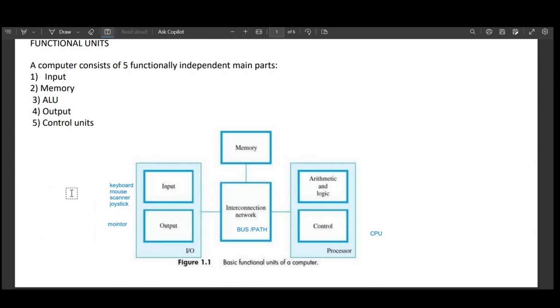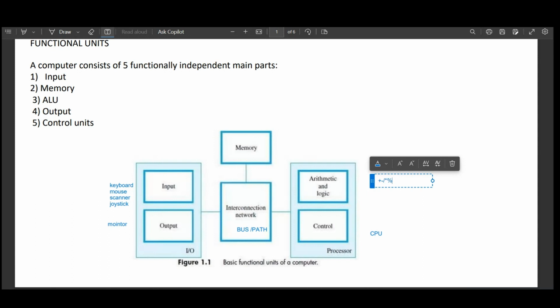So we have seen input units, output units, and the CPU. Let's see what the arithmetic and logic unit is. It is where you perform the basic operations necessary for getting the output. You do basic operations like addition, subtraction, multiplication, and division.